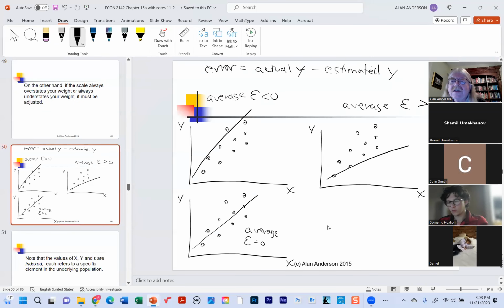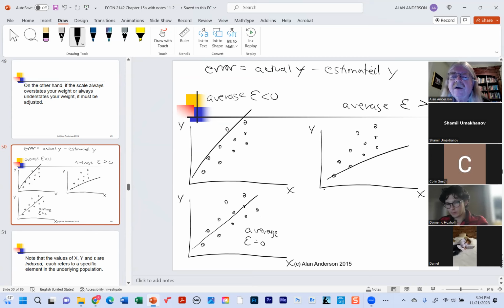So here I've shown you some regression lines where exactly that is happening. In the bottom left-hand corner, this is fine. The error terms appear to be essentially evenly matched. They're averaging out to 0. What about the one in the upper left-hand corner? What's happening there? The points are all below the line.